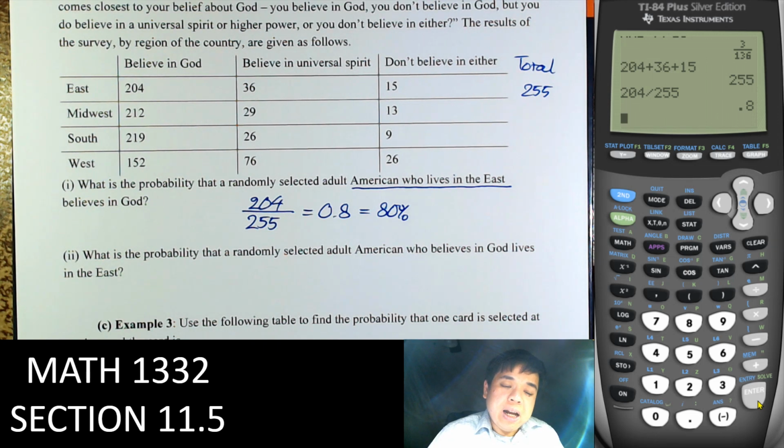What is the probability that a randomly selected Afro-American who believes in God lives in the East?